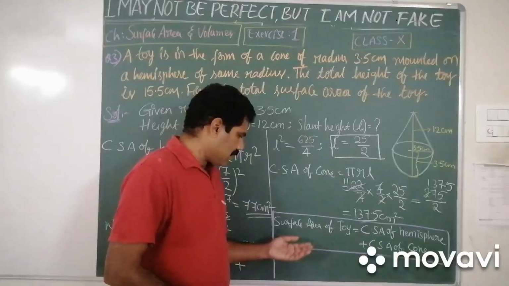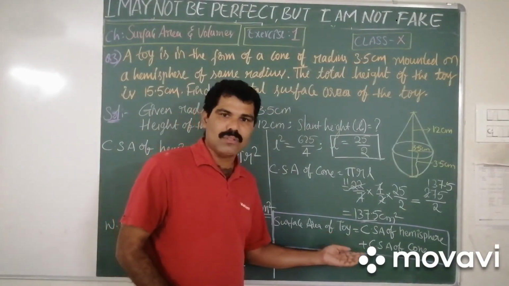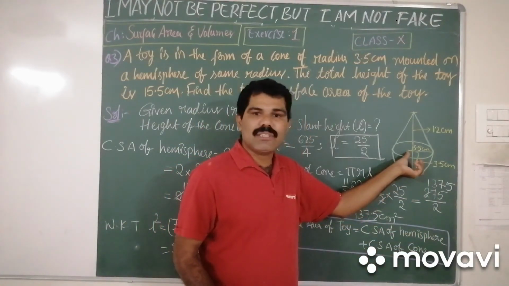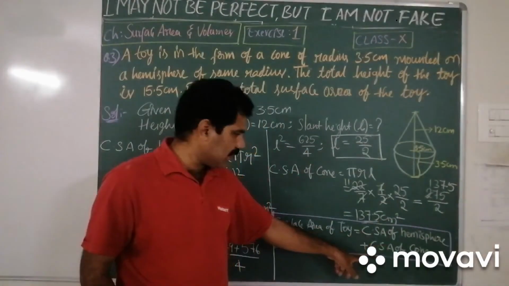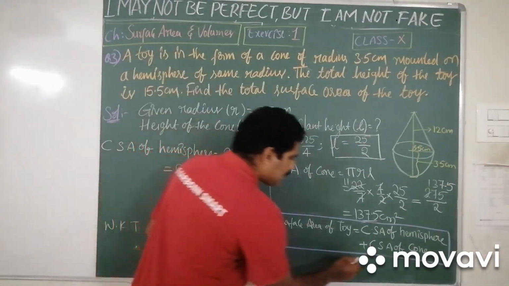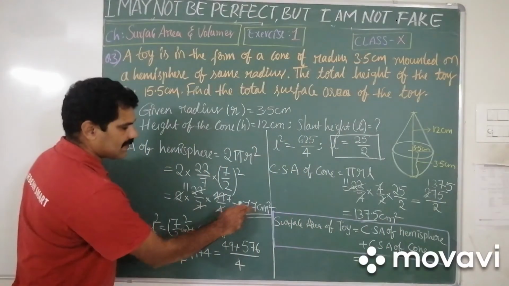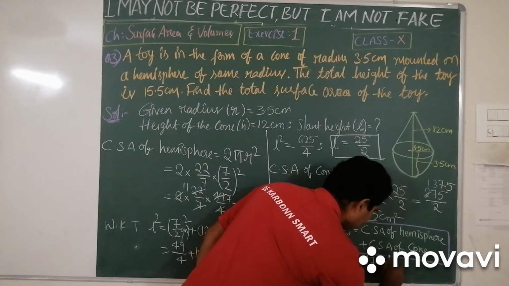Okay. Now, the total surface area of the toy is equal to the sum of the areas of the hemisphere, means the curved surface area of the hemisphere and the curved surface area of the cone. That is what we have written here. And what is the curved surface area of the hemisphere? 77 centimeter square.